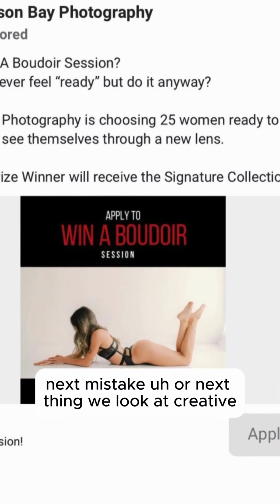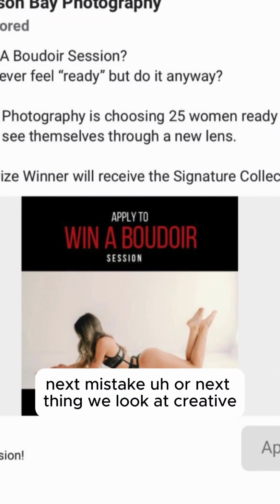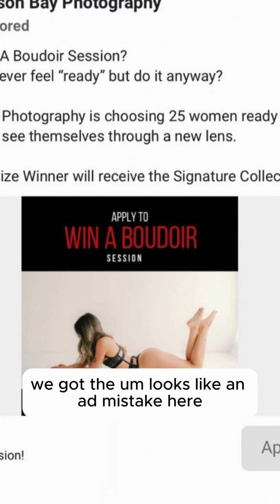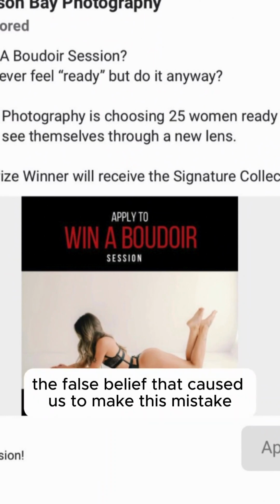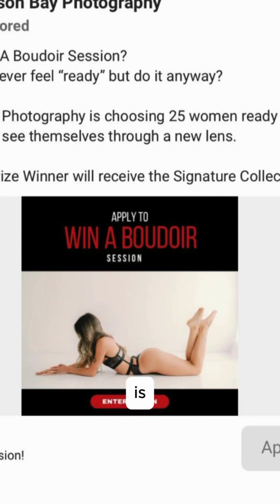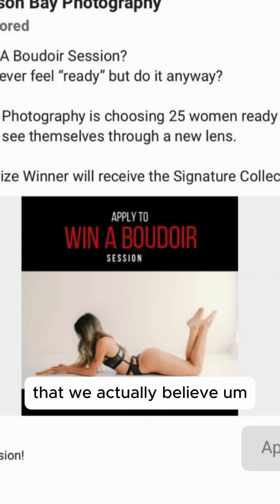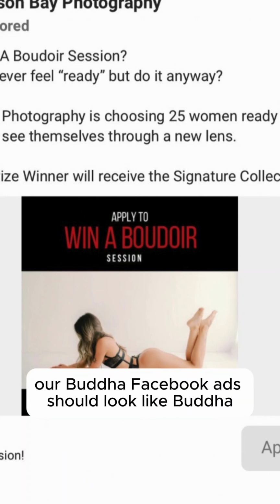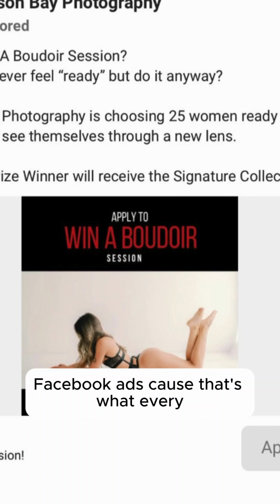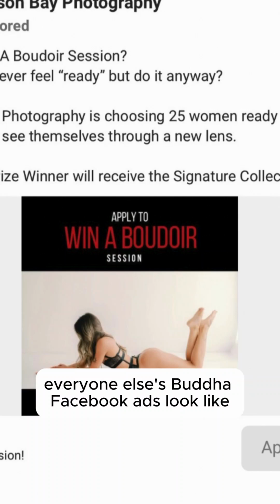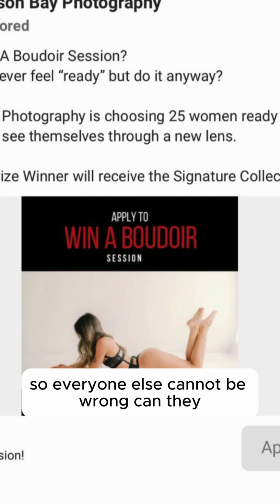Next mistake, or next thing we look at, creative. We got the looks like an ad mistake here. The false belief that caused us to make this mistake is that we actually believe our Boudoir Facebook ads should look like Boudoir Facebook ads, because that's what everyone else's boudoir Facebook ads look like. So everyone else cannot be wrong, can they?